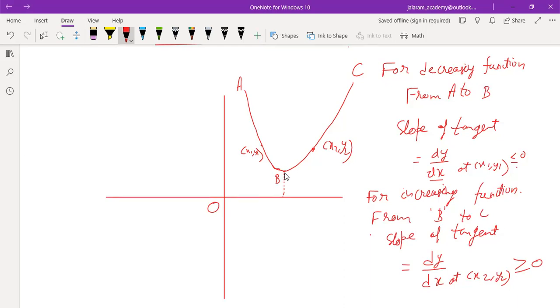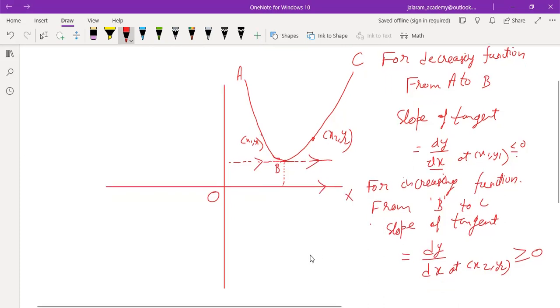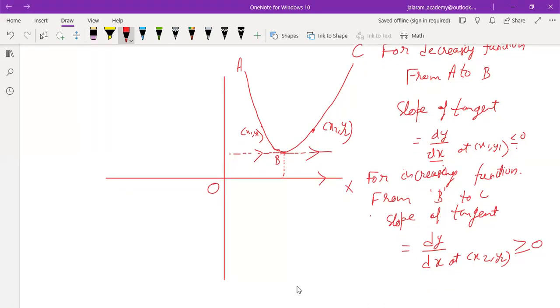Why is this dy by dx 0? If we draw the tangent at this point, taking this point as the point of contact, this tangent becomes parallel to the x-axis. And what is the slope of the line which is parallel to x-axis? Can you tell? 0. Yes.